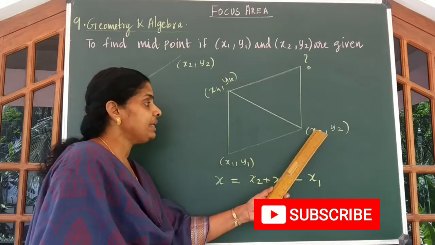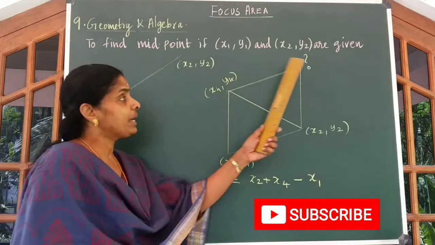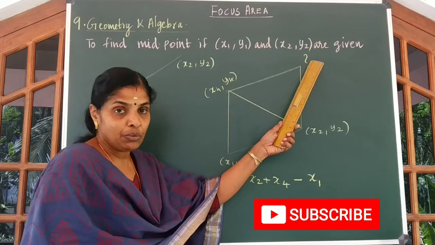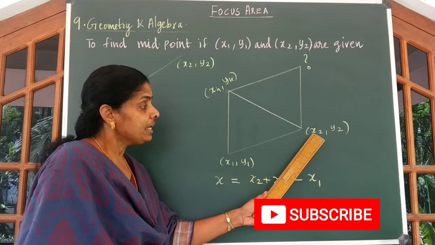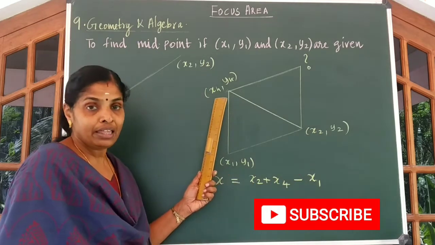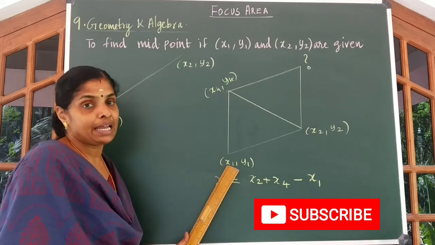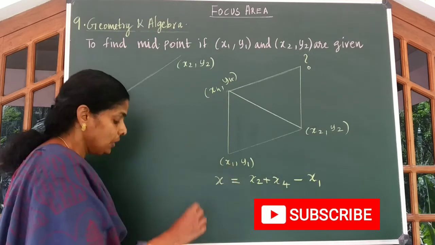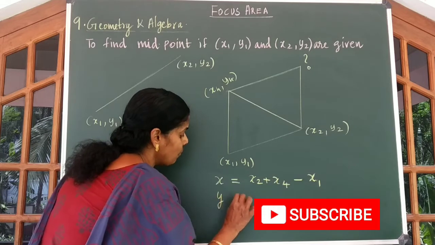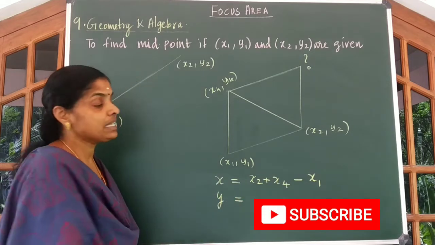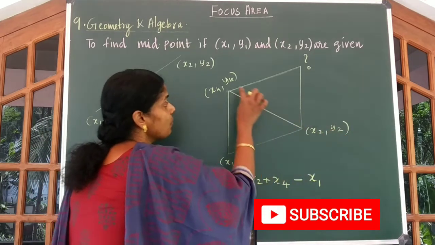Whenever you are given three vertices, to get the fourth vertex, you have to add the x coordinates of the diagonal, then subtract the remaining x coordinate. Similarly, to find the y coordinate of the fourth vertex, add the y coordinates.